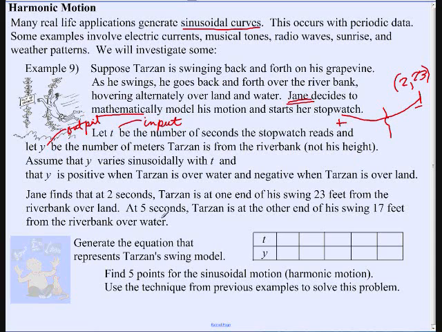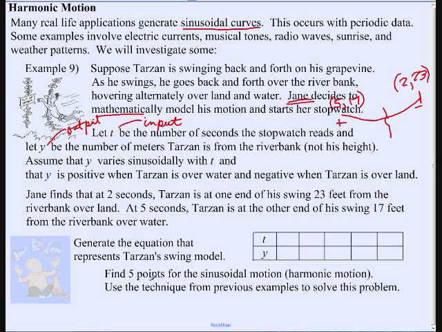At 5 seconds, he's out over the water. We said it was positive when he's over the water. So at this end here, at 5 seconds, there's our input always first, and our output is distance from the riverbank. 17.